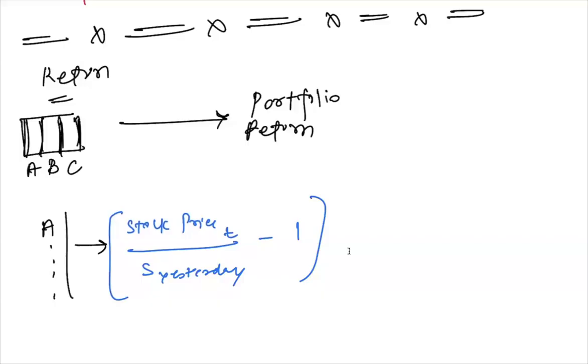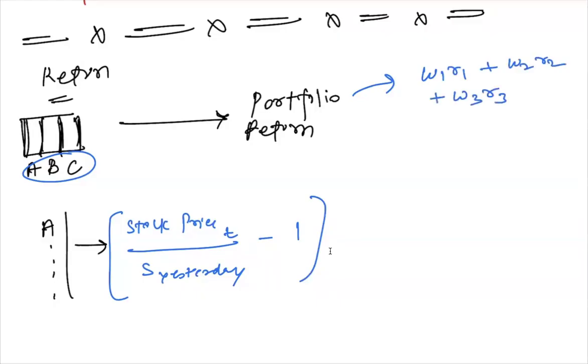But this was the case when we have only one stock in our portfolio. If we have three different stocks in our portfolio, how will we calculate the portfolio return? The way we calculate portfolio return is W1R1 plus W2R2 plus W3R3.